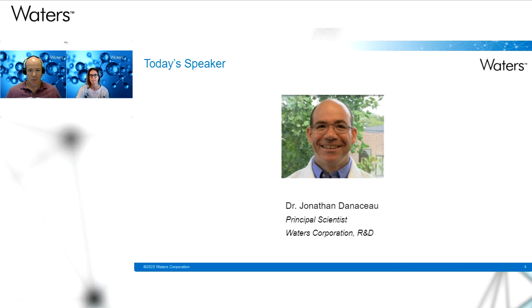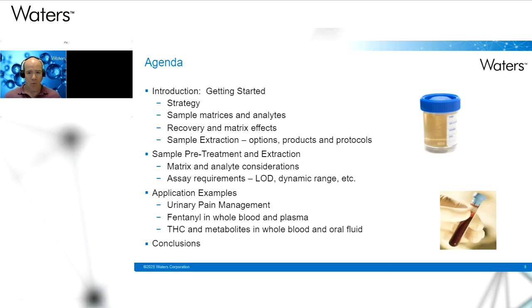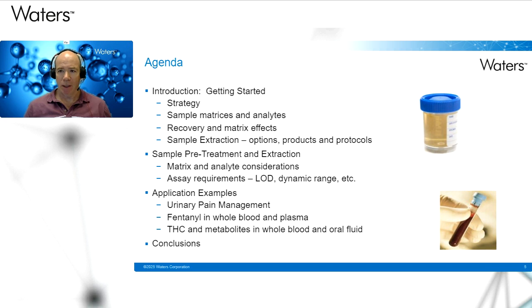Thank you, Rachel. And welcome to everybody who came today. So I'd like to start with sort of talking about what we'll go over today. One of the first things we'll talk about is a strategy. And you'll see this is maybe one of the most important parts, is having a systematic method of going through and developing a method.